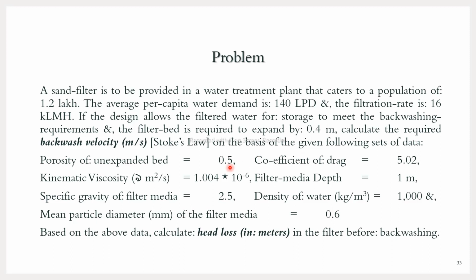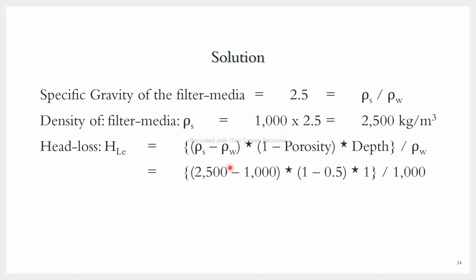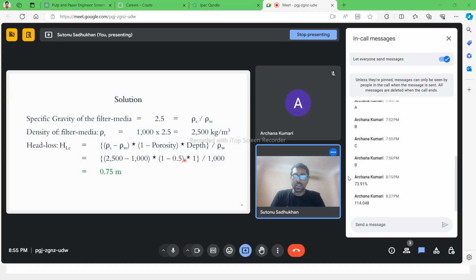Yeah, 0.5. So 1 minus 0.5 becomes 0.5, into 1 means 0.5. So 1.5 into 0.5 means half of 1.5 basically. So half of 1.5 is 0.75. So 0.75 should be the answer. Yes. So head loss is 0.75 meter.